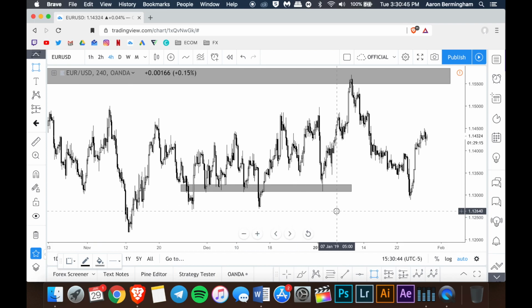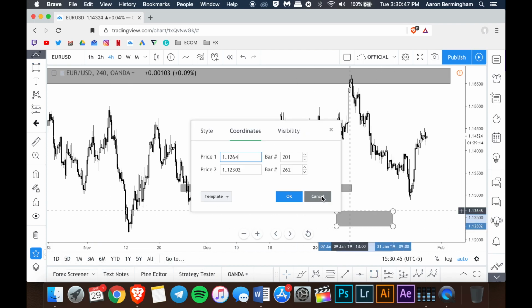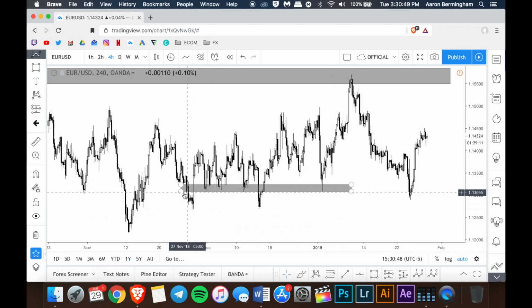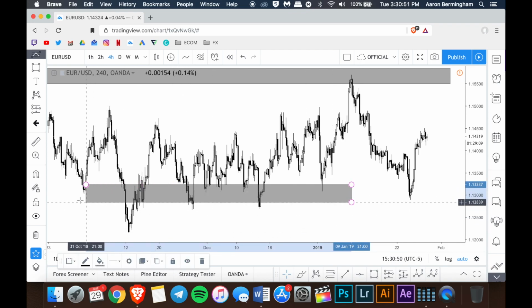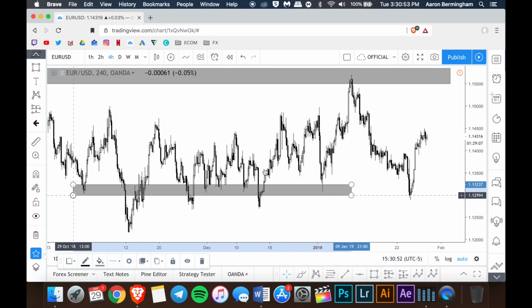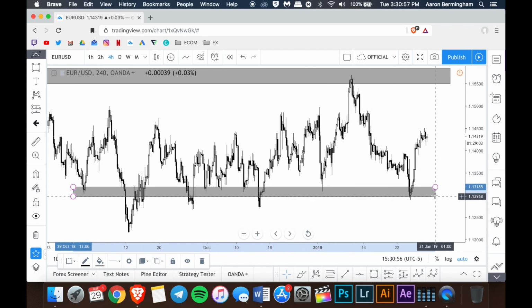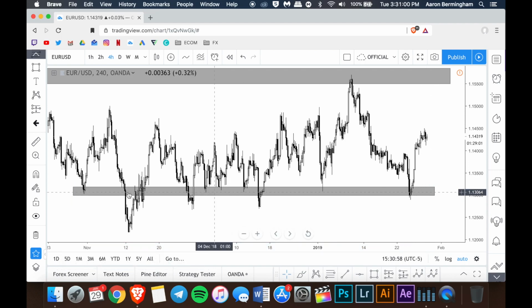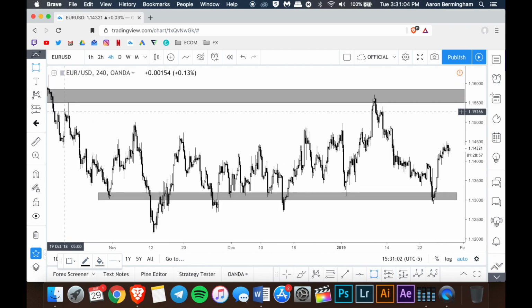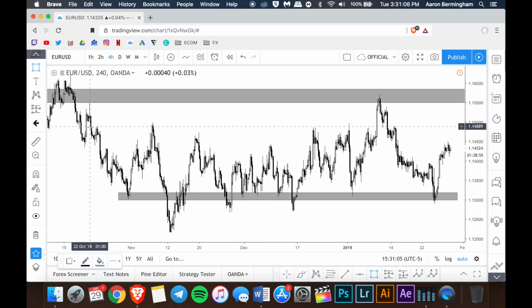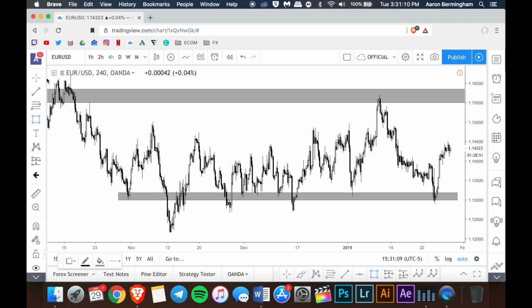Actually, I would consider that a breakout. So here, what we'll do is we'll draw this out here. Draw that down, and what you got is your zones here. So that's your zone up there, and down there. What's nice is if you use the cross tool, you can actually see if it matches up right here.